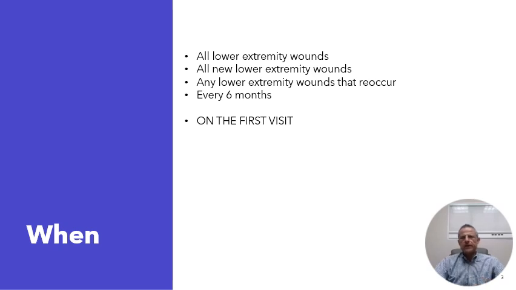So always get this on the first visit, and always get a TBI as well as the ABI, because this will give you additional information that is not always apparent with just the ABI.